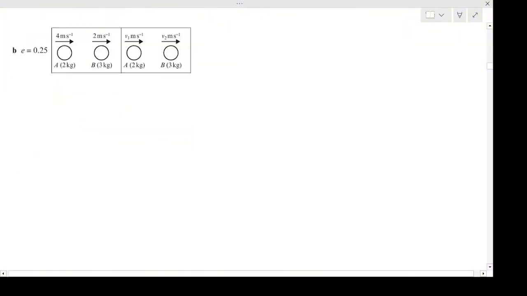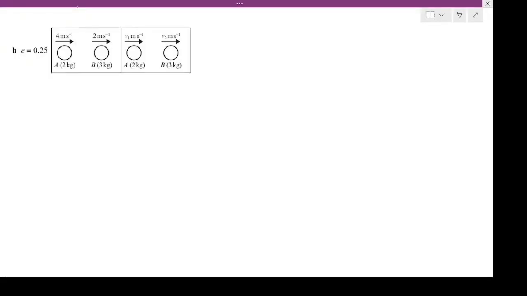We have a ball A with speed 4 and ball B with speed 2. That's before the collision, and after the collision, ball A has speed v1 and ball B has speed v2. And E is also 0.25. So we need to work out v1 and v2. First we're going to use momentum.